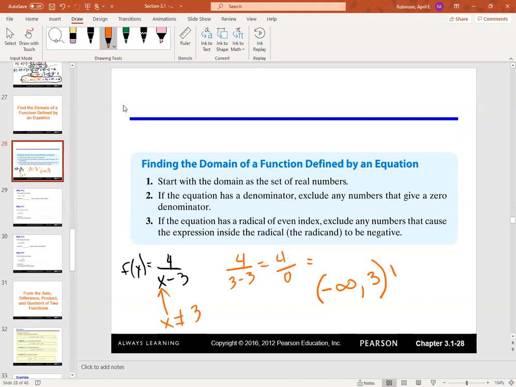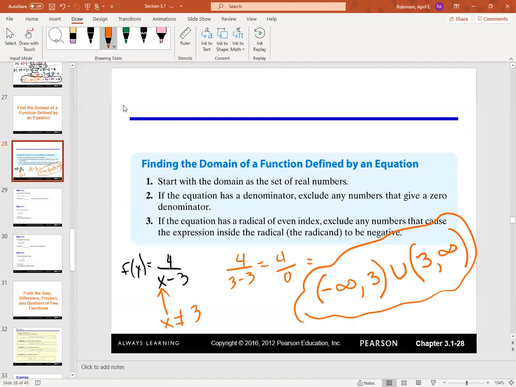Then you're going to have to use this little symbol, which is the union symbol. And then you're going to do another set of parentheses and put a 3 after that, and a comma, and positive infinity. This is the way you say x can be anything from negative infinity to positive infinity, except for the number 3.